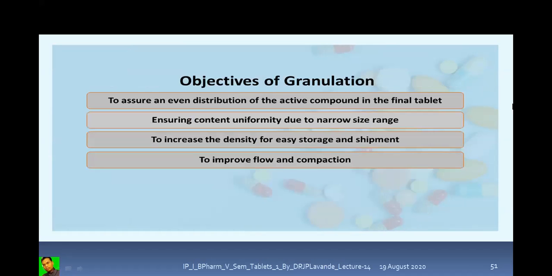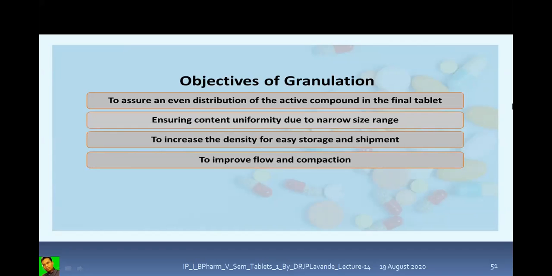Now, why is granulation required? There are specific objectives. Now, what these objectives are? They will assure an even distribution of the active compound in the final tablet, right? If we are going for granulation, before that we have to go for the mixing.